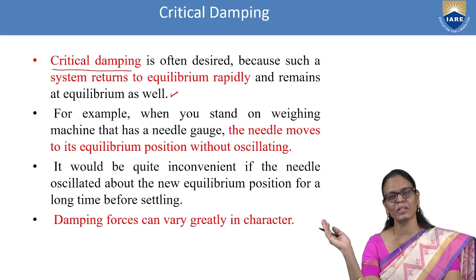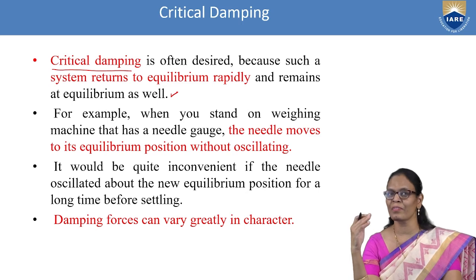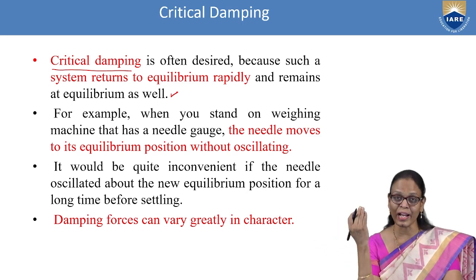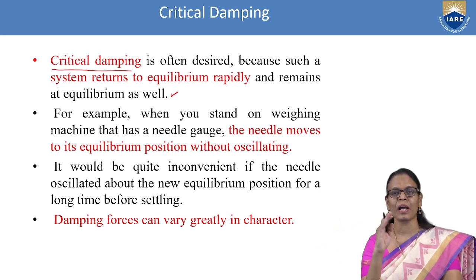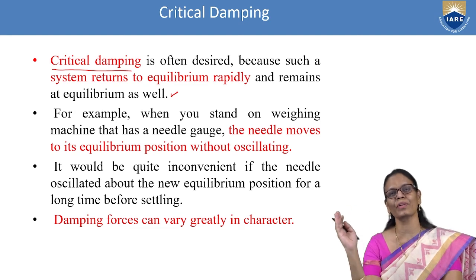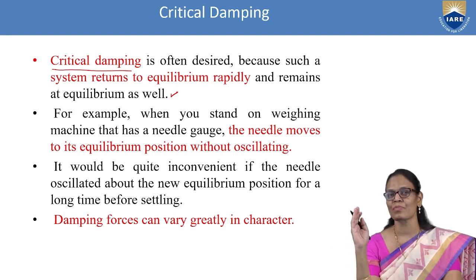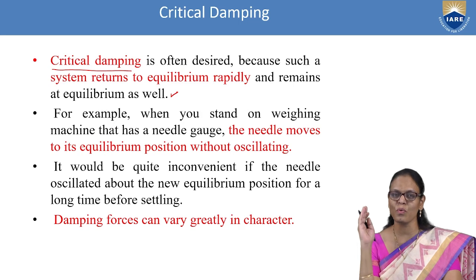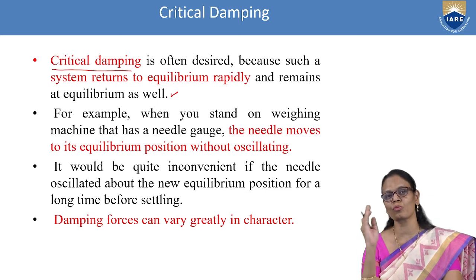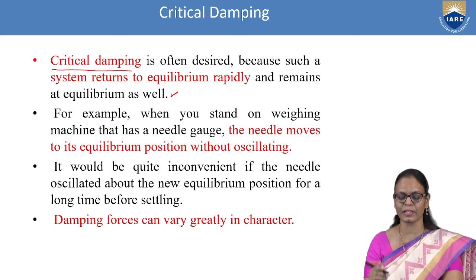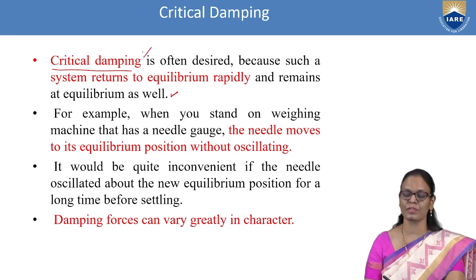So what happens if it is oscillating? It would be quite inconvenient. You are very anxious to see your weight and the needle does not come to rest. So it is not desired. What we try to do here is set the conditions for the movement of the needle such that it is critically damped.